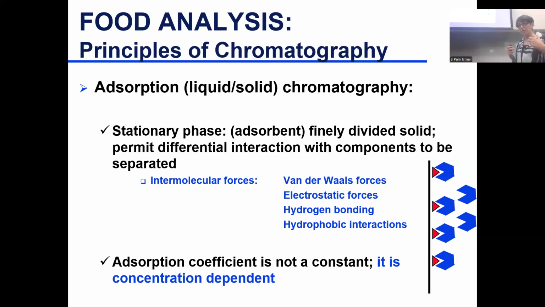That's why oftentimes you have to not overload the column. That is a very common chromatographic technique. Do not overload the column because you don't want to saturate all possible interaction or functional groups that interact with your solutes. So adsorption coefficient is not a constant, unlike partition coefficient, because of this limited number of functional groups that could interact with your solutes.